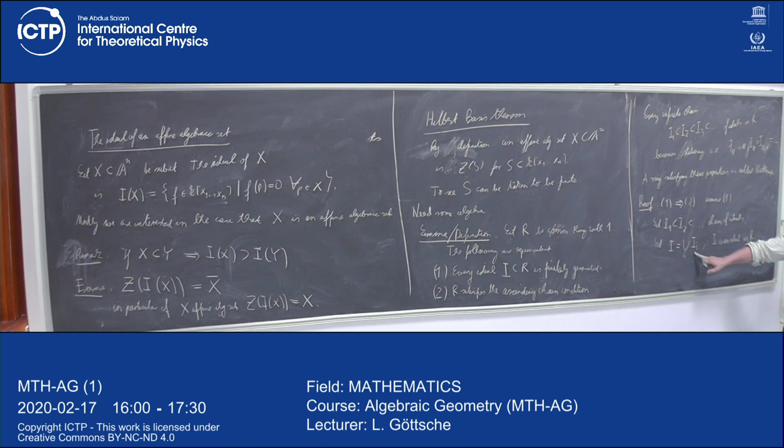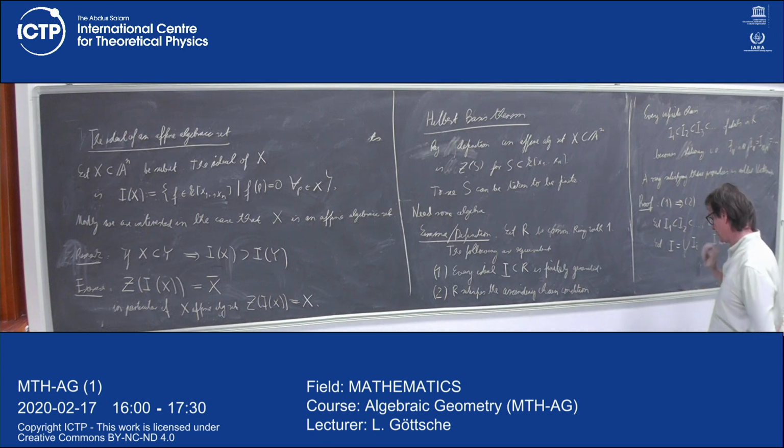So if I take two of them, then both lie in the bigger one of the two, and so the sum lies also in the bigger one, because one is contained in the other. And if I have an element which lies in one of them, and I multiply it by an element in R, afterwards it will lie in the same. So the union of all of them is an ideal. Well, this is essentially by definition.